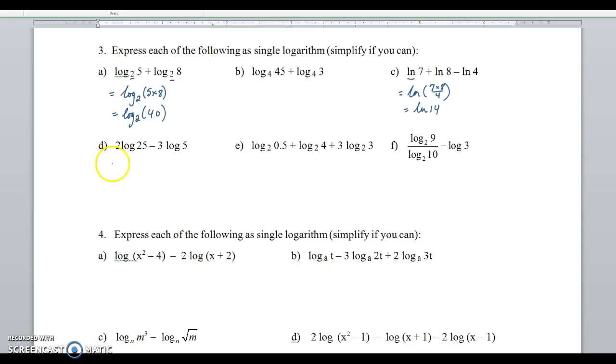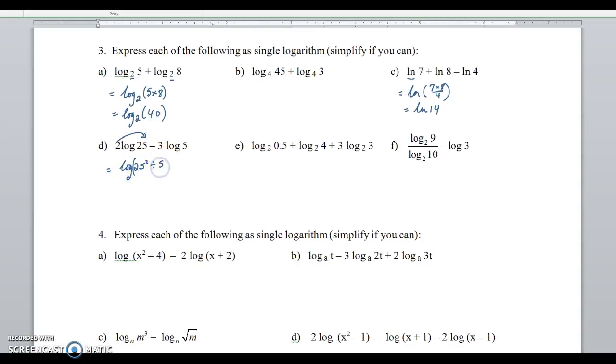Couple of steps in letter D, because we have this 2 out in front, that's going to become the exponent. So it's going to be log, this is a base 10, so we don't have to write the base at all, log of 25 squared divided by 5 cubed. Don't have to put the log again because we're combining them.